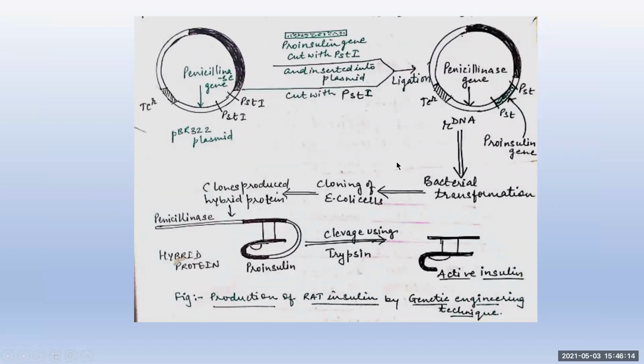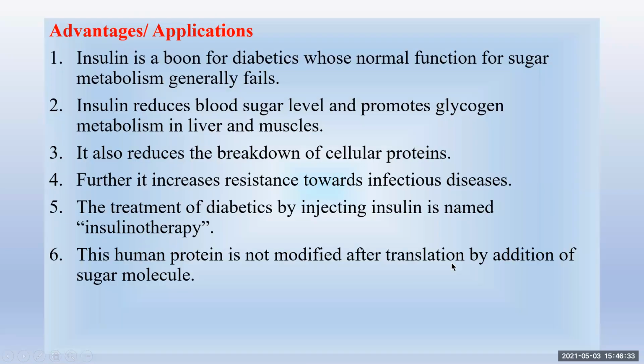After transformation and cloning in E. coli cells, clones produce a hybrid protein having penicillinase and the pro-insulin. So the penicillinase part and the central non-essential C chain of pro-insulin are cleaved out with trypsin to get active rat insulin. Okay, so this is how recombinant DNA technology is used to produce human insulin or rat insulin.